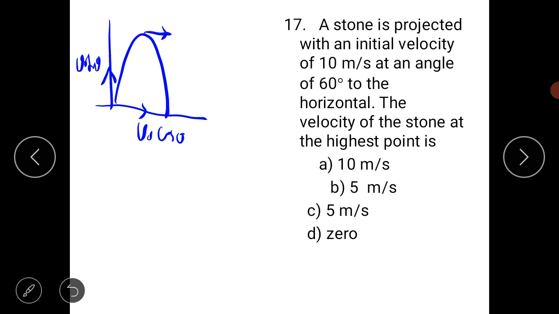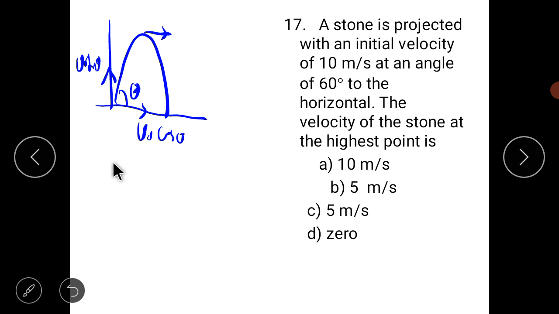Here theta is the angle of projection. At the highest point the vertical velocity is 0, so therefore only the horizontal velocity v naught cos theta is the velocity of the stone at the highest point.